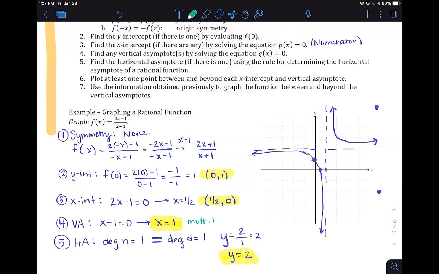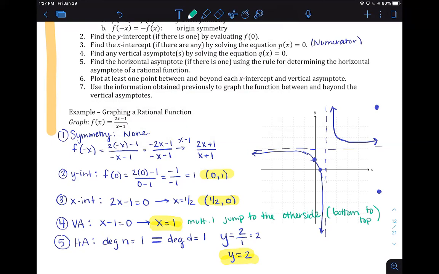So our multiplicity for our vertical asymptote is 1, which means it's going to jump to the other side, meaning bottom to top. It could also go the other direction, from the top down to the bottom. If you have a multiplicity of 2 or even, it's going to volcano. That's what I call it. And we'll talk a little bit more about that in a bit.